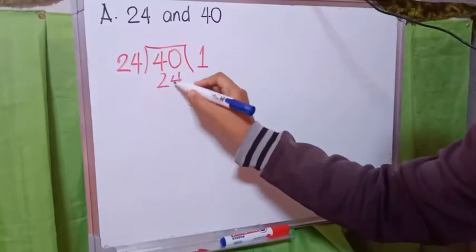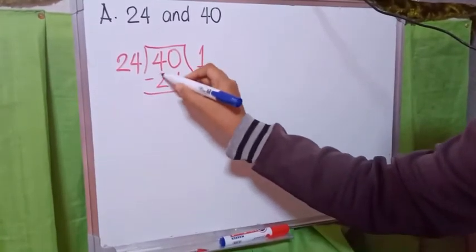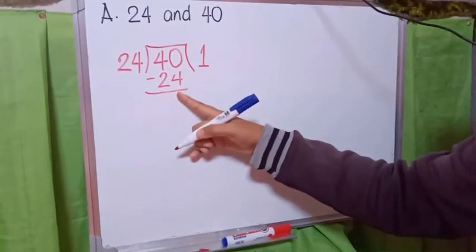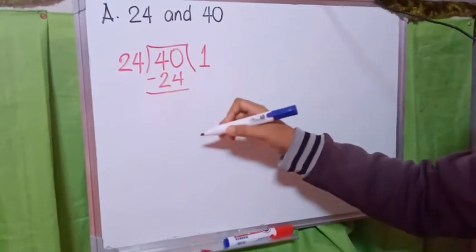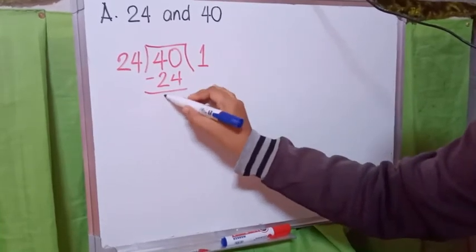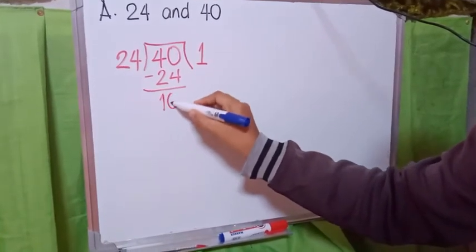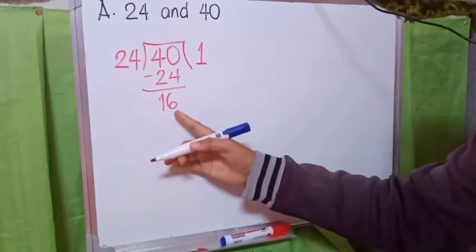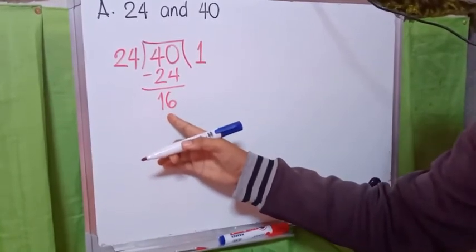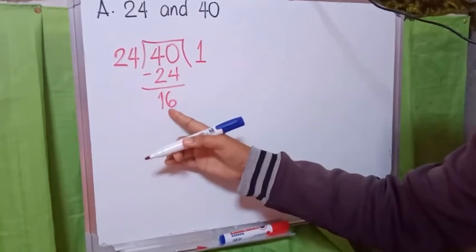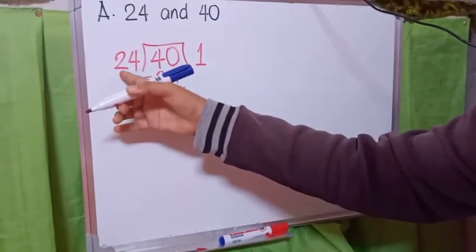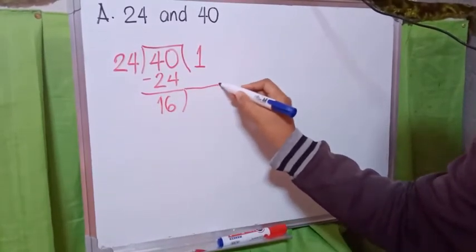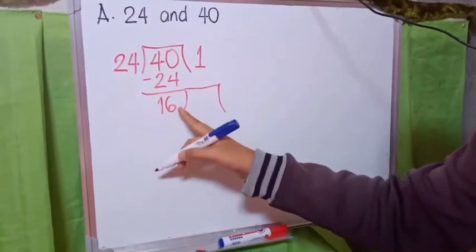So we need to subtract it. 40 minus 24 is 16. So 16 is our remainder. We need to make it our new divisor to divide into our smallest number, which is 24.